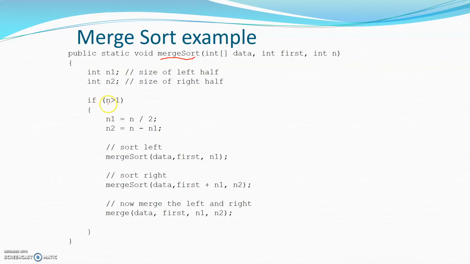And if we have more than one piece, so if n is greater than 1, then what we do is figure out the halfway point for the array. And what will happen is we'll call this merge sort recursively.